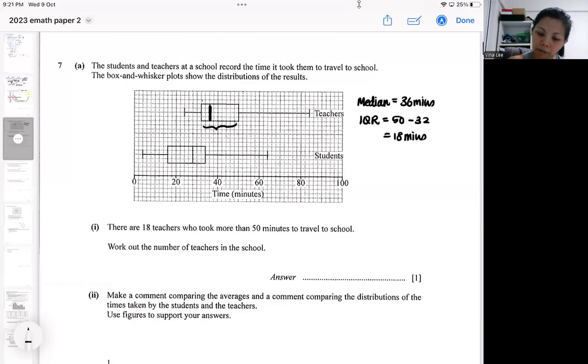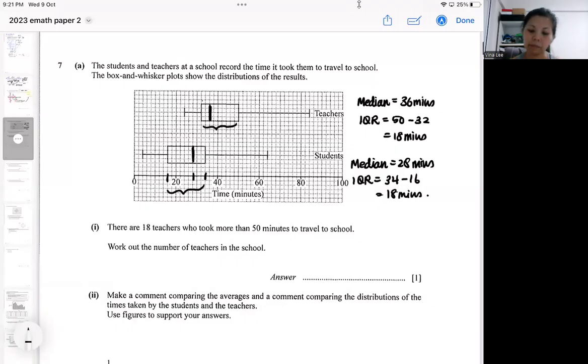Same thing, you can read it for the students as well. The median, you will get 28 minutes somewhere here. And the interquartile range, this minus this, so 34 minus 16. This is how you read off a box and whisker if you have forgotten.